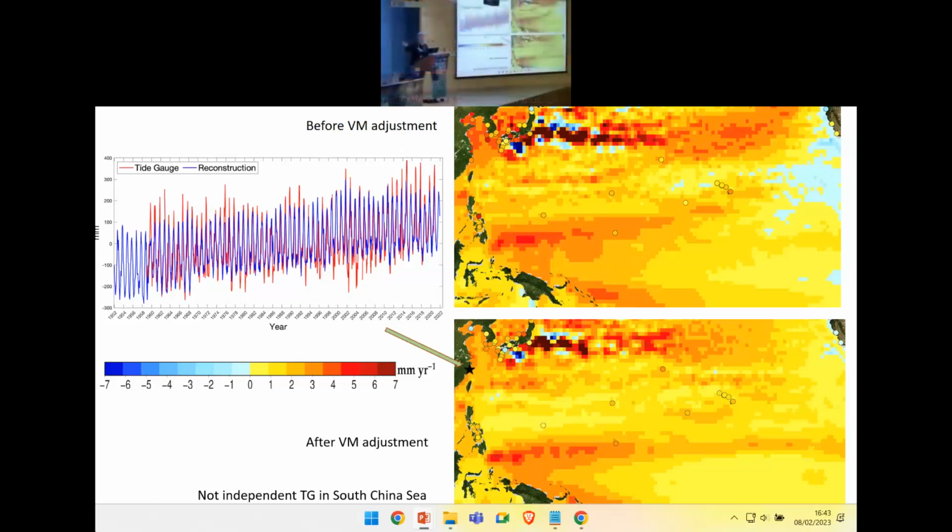So we're talking about total sea level. Thermal is another issue. There could be potential, I'm speculating, for example, in using 20 years of satellite gravimetry data, which is mass, and doing a reconstruction.